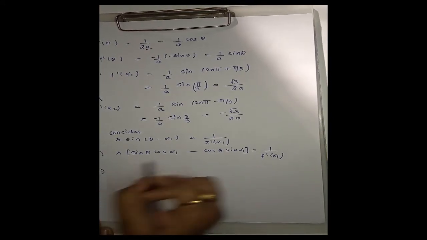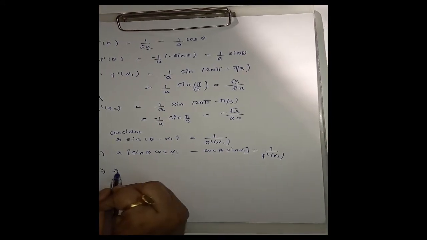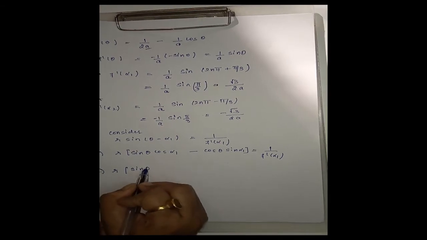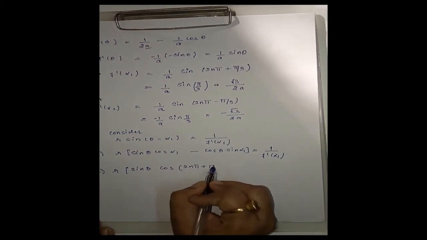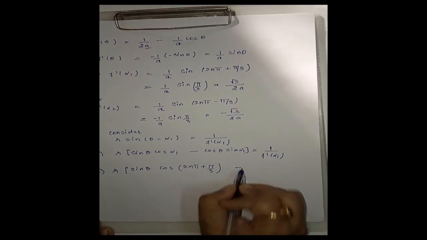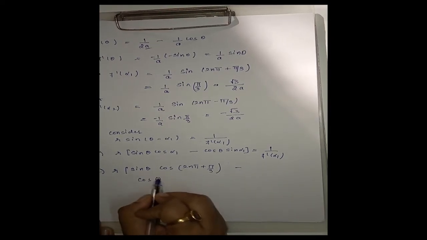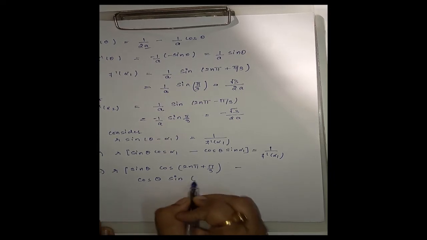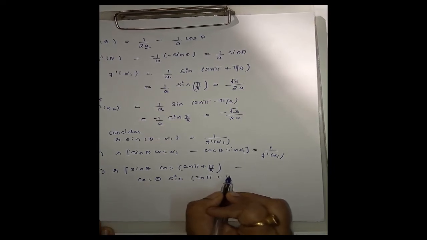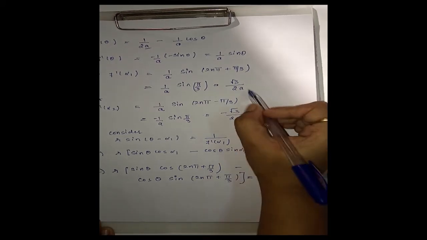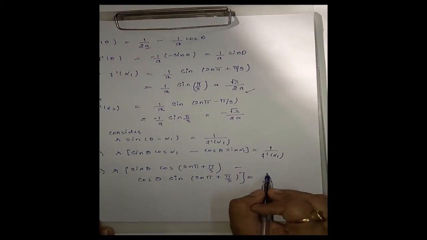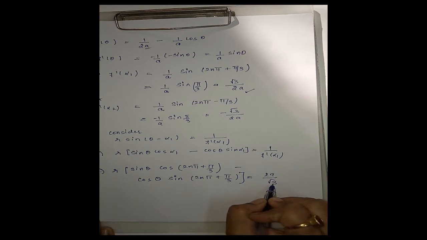Now substituting the value of alpha 1 here, I get r sin theta cos(2n pi plus pi by 3) minus cos theta sin(2n pi plus pi by 3), and this is equal to 1 upon f dash alpha 1, which is 2a by root 3.